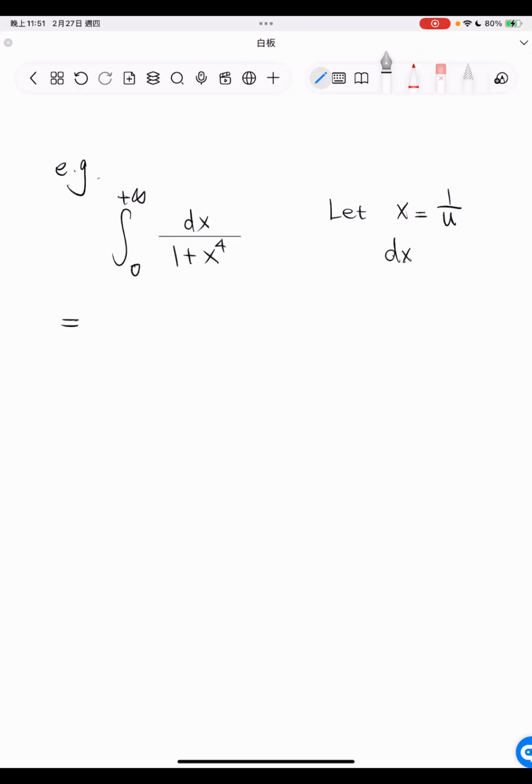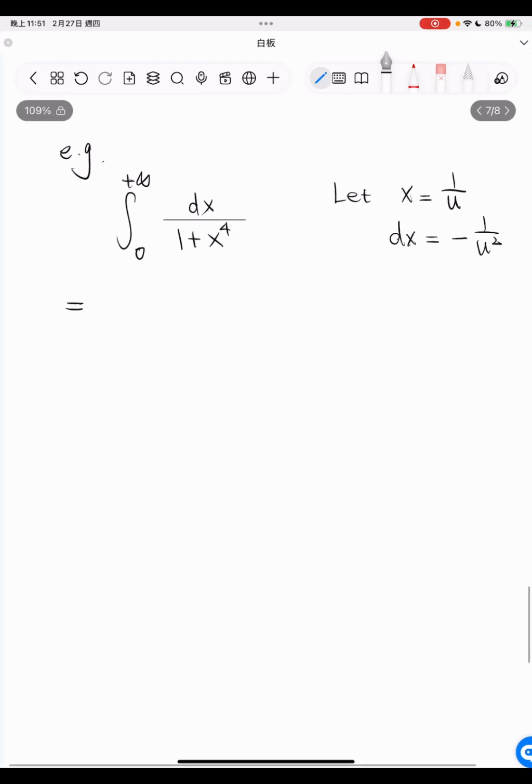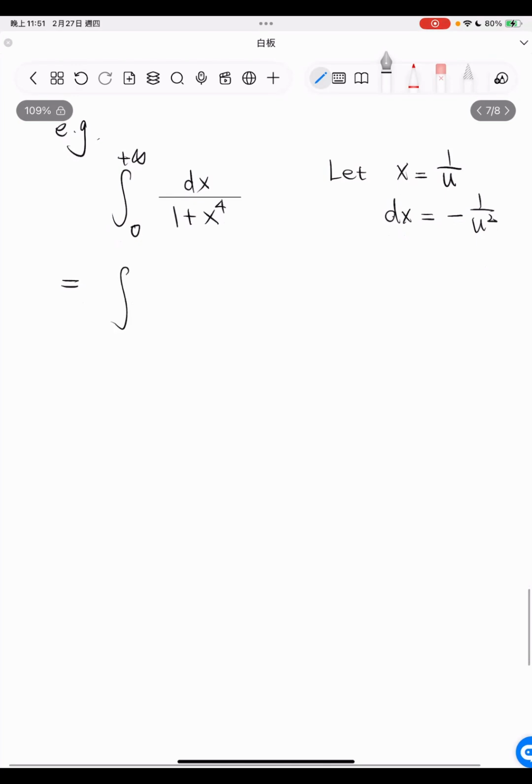So dx is equal to minus 1 over u squared du, and this integral is equal to 1 over 1 plus 1 over u to the fourth power times minus u squared du.